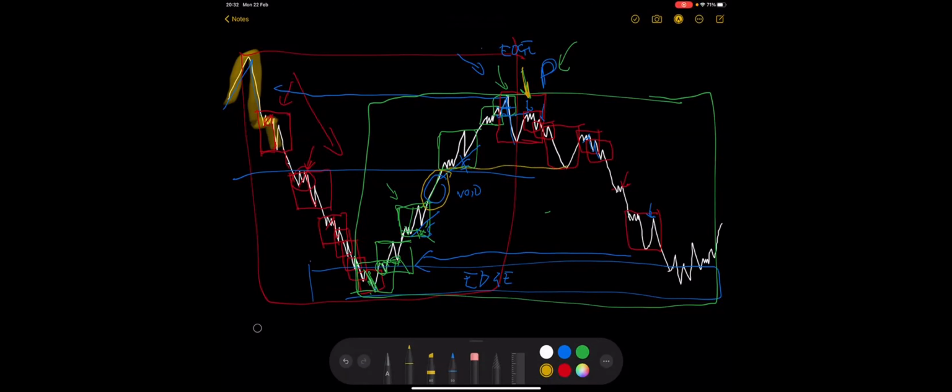Any void, any liquidity that gets built, is always for future price. If price starts breaking out here, and in the future we start protecting all your highs, the void left here can get run through pretty fast, and you make sure all your highs get protected to continue to fill the void.